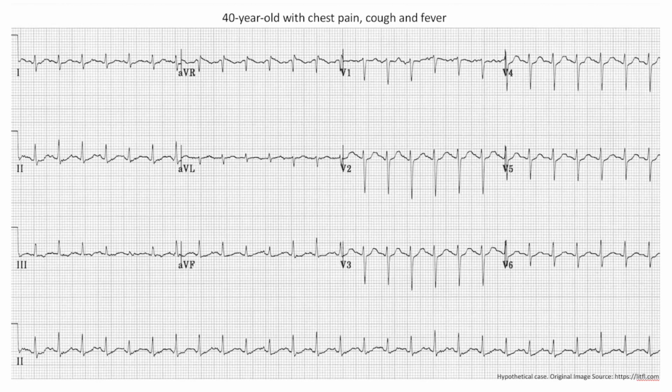The next EKG is that of a 40-year-old who presents with chest pain, cough, and fever. The rate of the EKG is approximately 150 beats a minute. While the P waves are pretty difficult to notice at first glance, notice that just after the T wave, there is a second peak which represents the P wave.